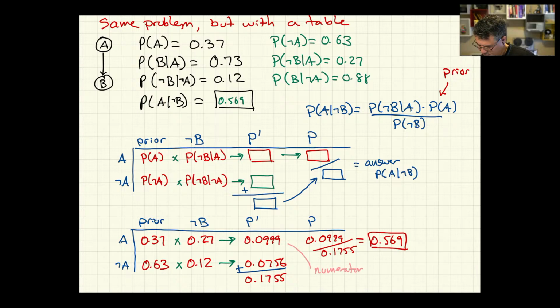So this is the numerator from the previous slide. And the 0.1755 is the denominator from the previous slide as well. So this table ends up calculating all the same values, but in a nice compact form. And notice that we didn't need to draw the tree either.